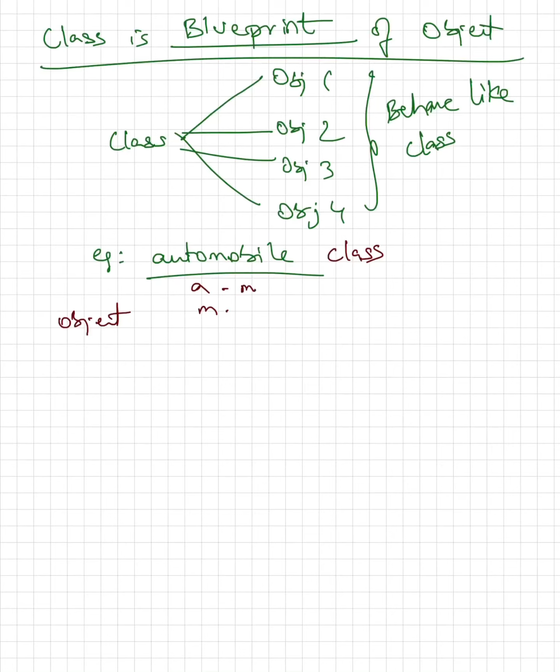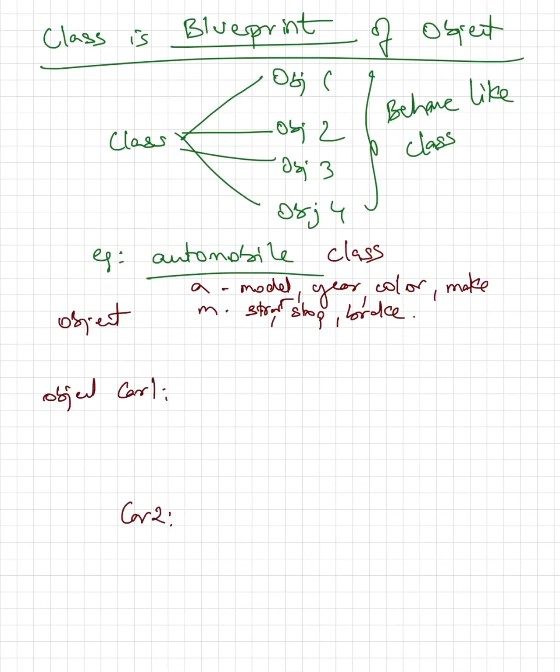Attributes can be model, year, color, make, and methods can be start, stop, brake. Let's create one object and call it car1, and then we'll have another object called car2. This is an object. This is also an object.